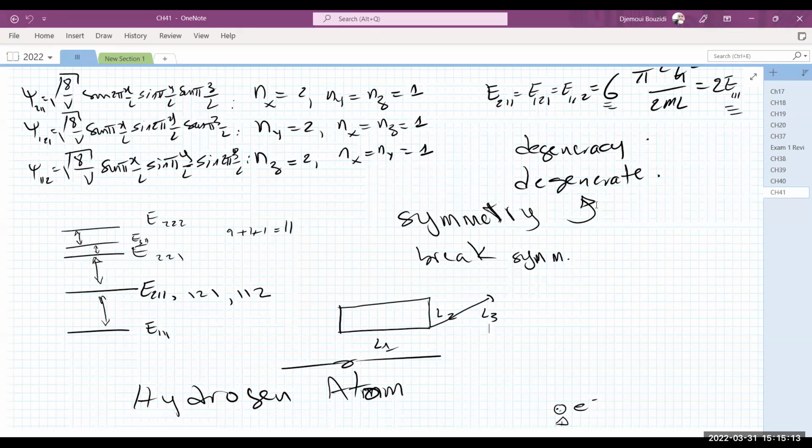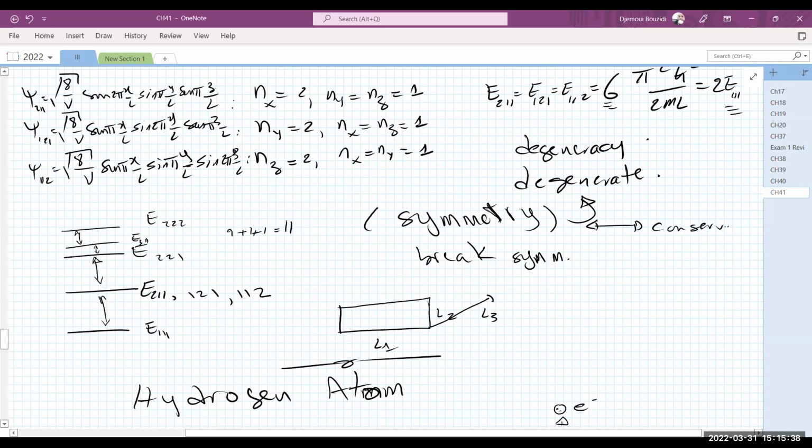And if you find 2 values of the energy identical for different quantum numbers, then you might have some sort of symmetry that you're not seeing clearly, but it's in there. So there is a connection between that, okay? Another reason why symmetry is important is that symmetry goes hand in hand with conserved quantities.